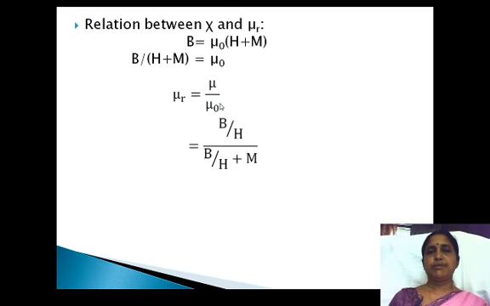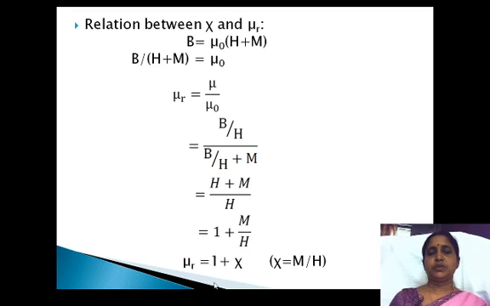Mu is B by H, mu naught is B by H plus M, so H plus M by H, here 1 plus M by H. M by H is the susceptibility. So mu r is equal to 1 plus chi. So this is the relation between permeability and susceptibility.